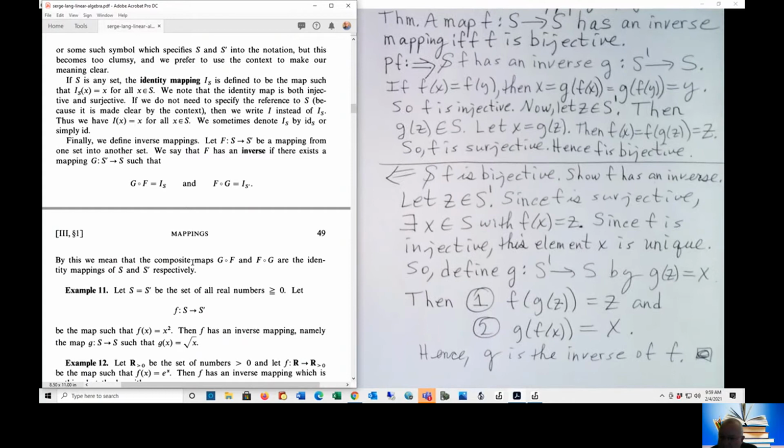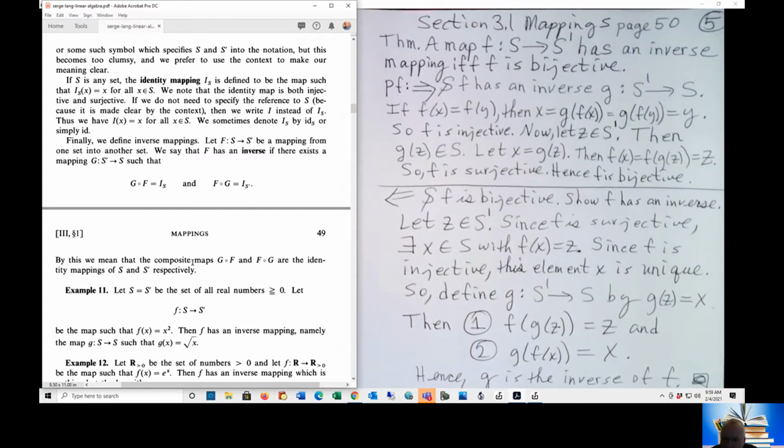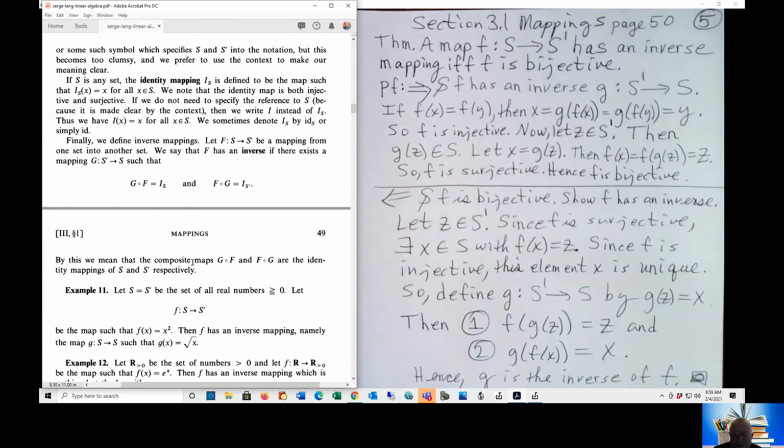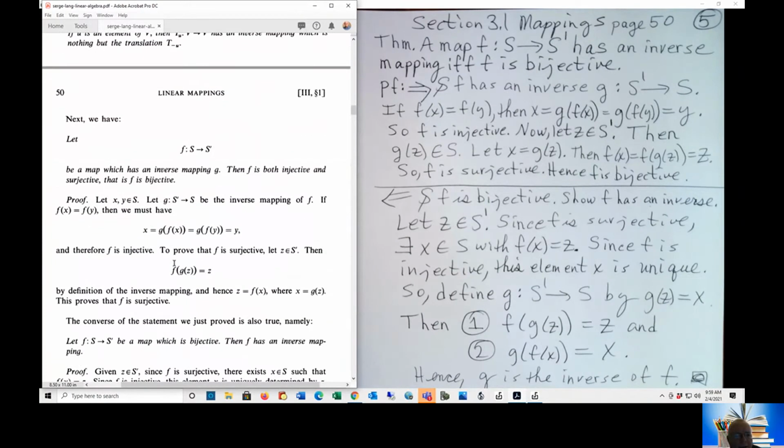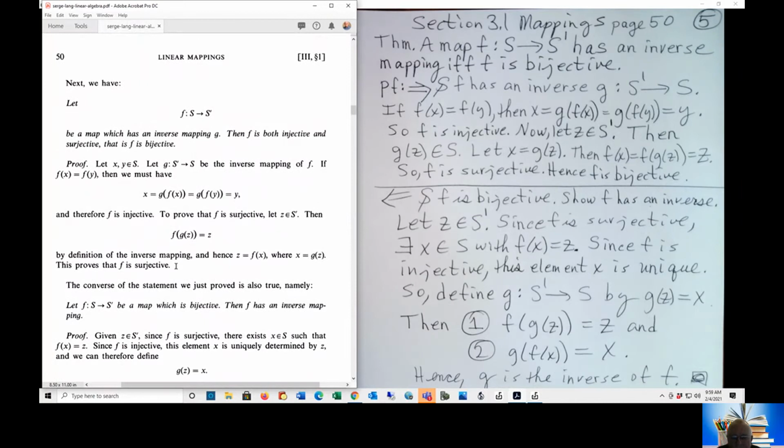So when does a mapping have an inverse? Look on page 50 in our textbook. It's not completely labeled as a theorem, but it is a theorem for which you are responsible for the proof.